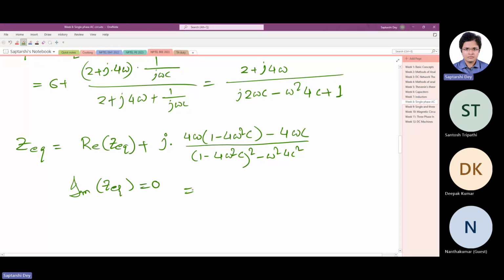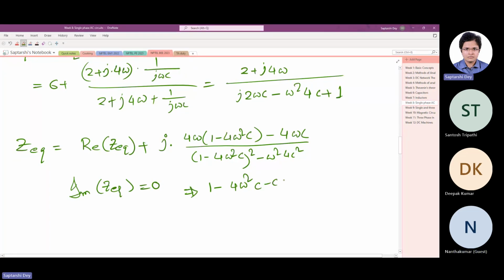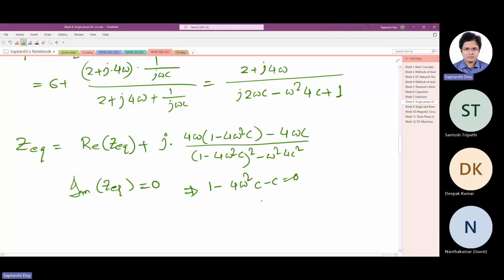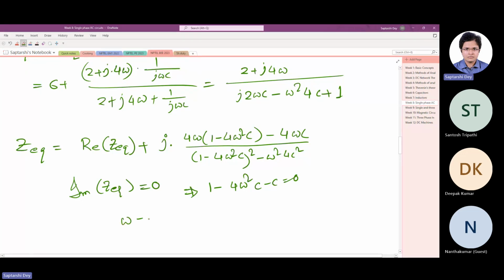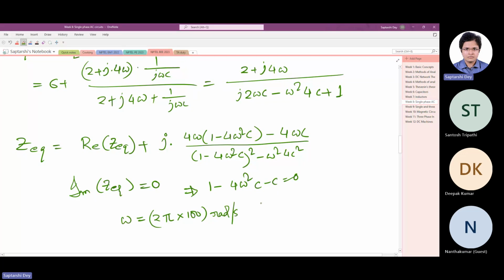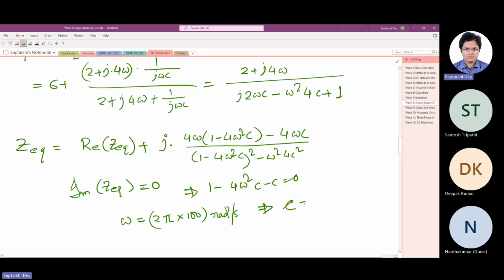If you equate to 0, what you will get is 1 minus 4 omega squared C minus C equals 0. And if you solve this and put omega as 2 pi into 100 radian per second, what you will get is a capacitor value of 0.63 microfarad.